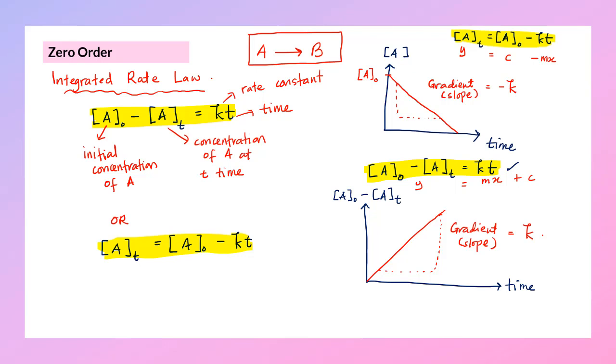Alright, so how about half-life for zero order? At half-life, the concentration of reactant A would be half of its initial value. So from the integrated rate law, this is the initial concentration, and if we are going to determine the half-life, the concentration of A at half-life becomes half of its initial concentration.